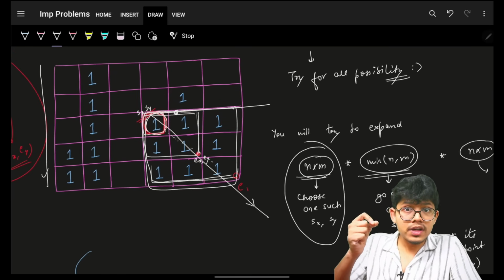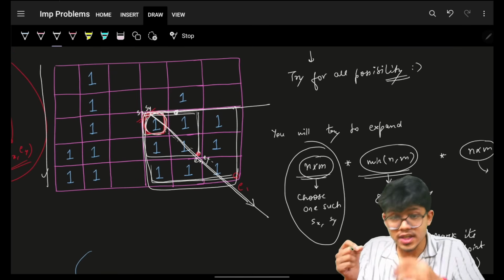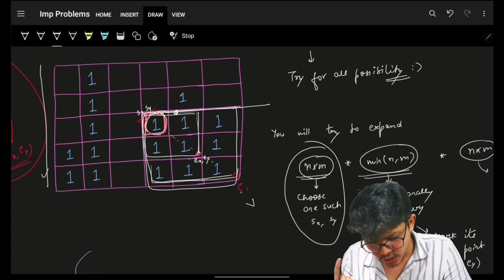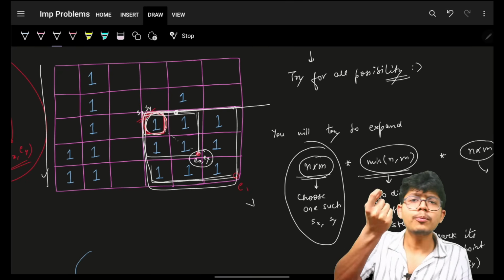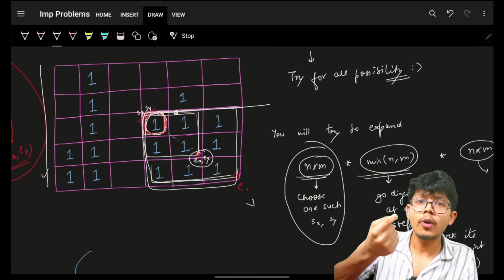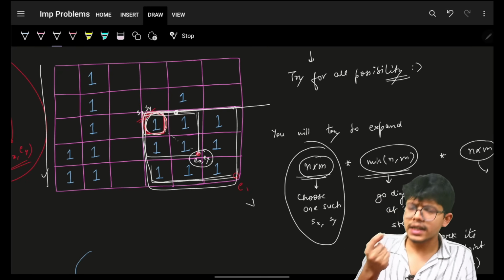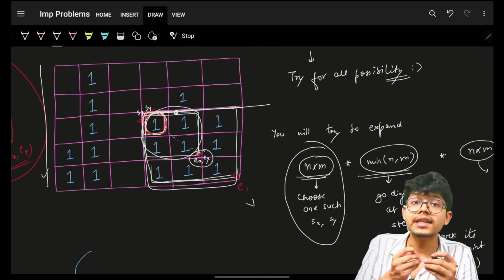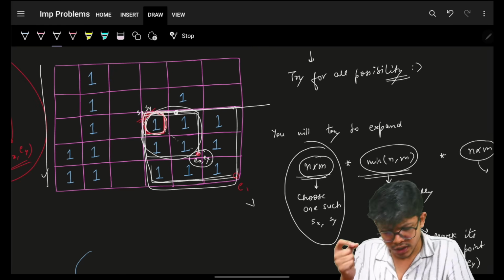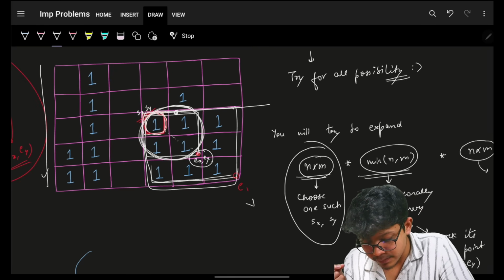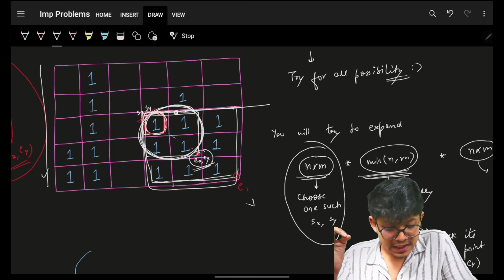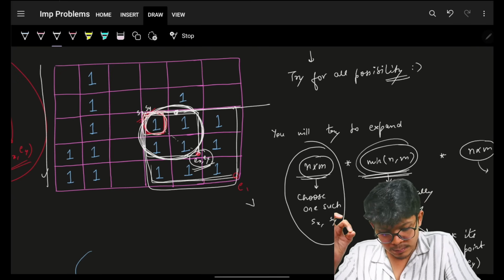So the minimum represents how many such squares I can make. Even if I got one point, my task ultimately was to find the area, as in the number of ones in it. So for sure, I will have to go through all the elements inside this portion. This ex, ey was given by the diagonal, which is the minimum of n comma m.